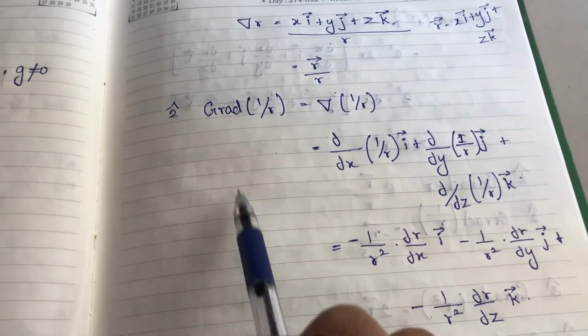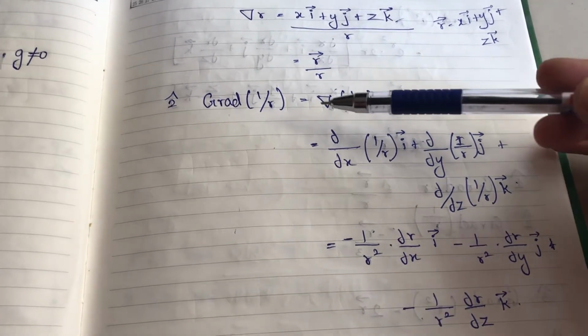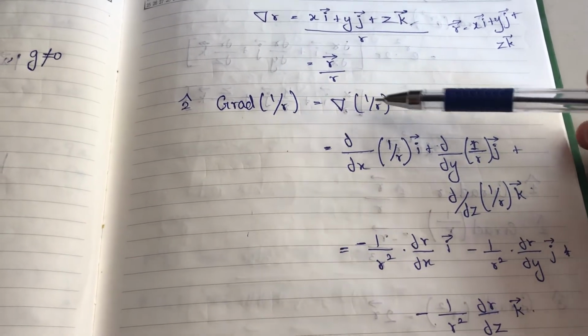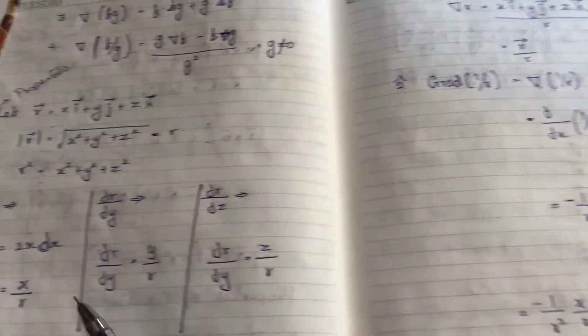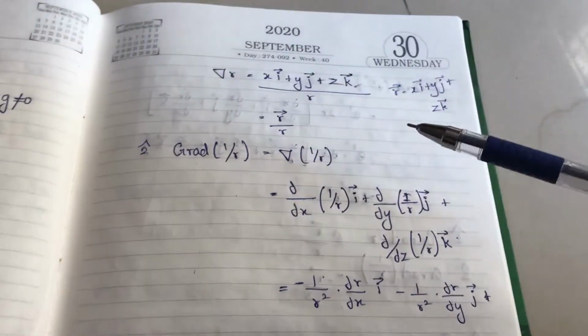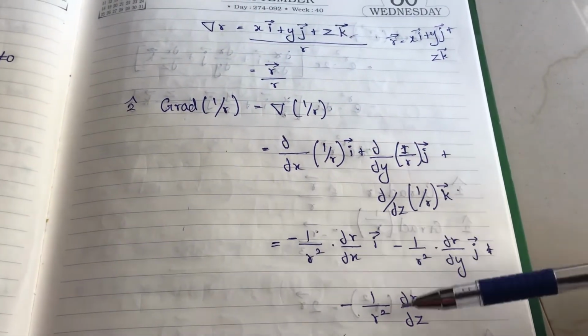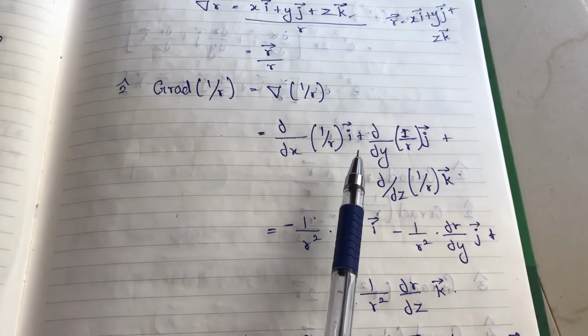Now we are going to find the gradient of 1 by r. If gradient of 1 by r means we need to put del of 1 by r, right? So here we did this for only the single r. We need to start from the first steps, like dou by dou x of 1 by r into i vector.